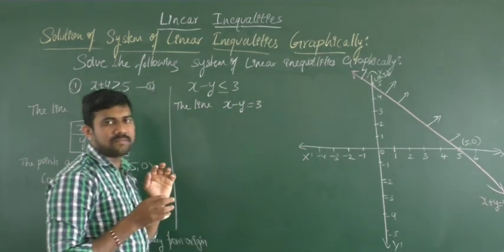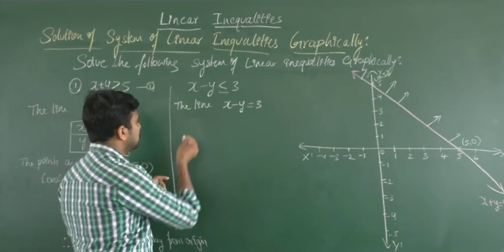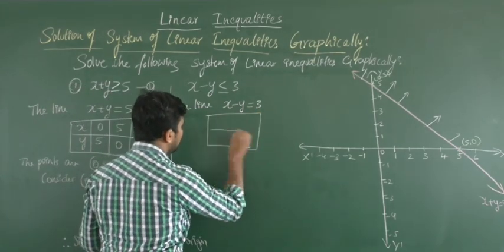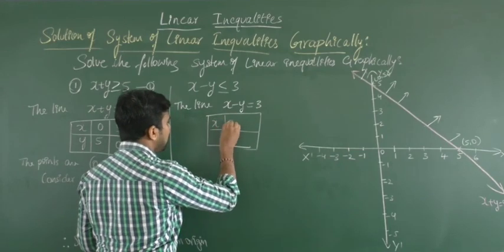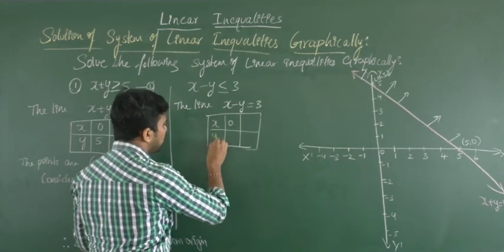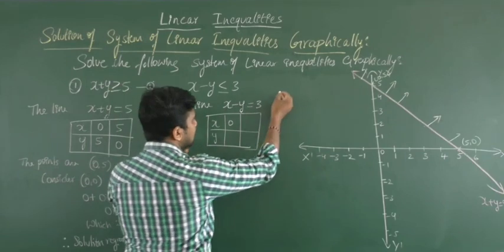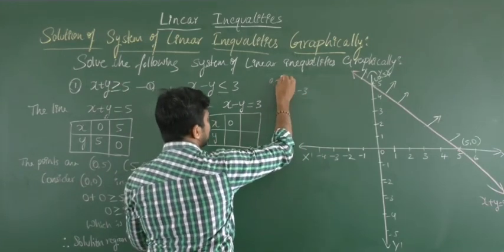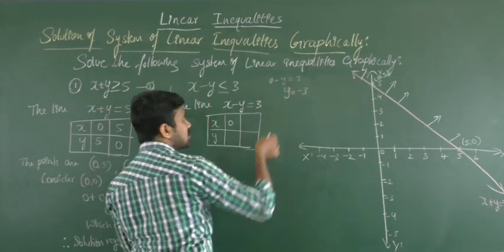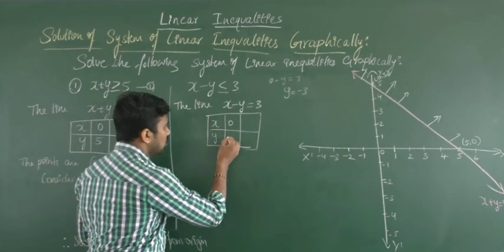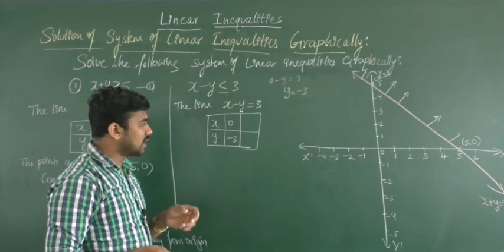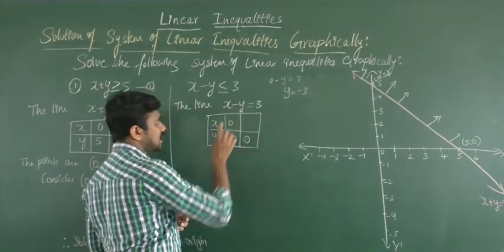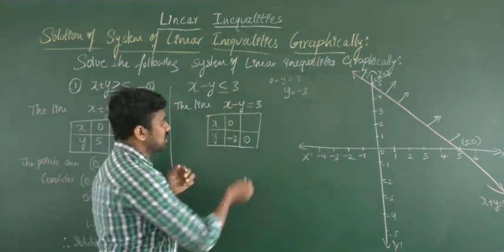Now if x is equal to 0, then y is equal to minus 3, because 0 minus y is equal to 3, so minus y is equal to 3 means y is equal to minus 3. Similarly, put y is equal to 0 in this equation, then we get x is equal to 3.